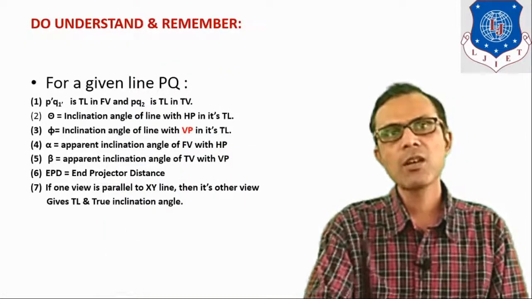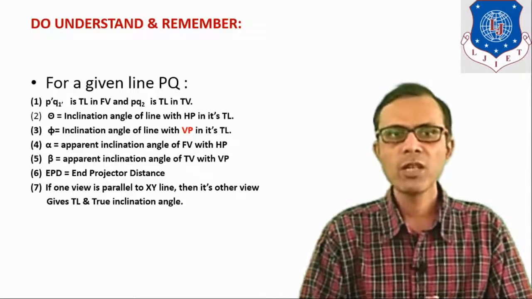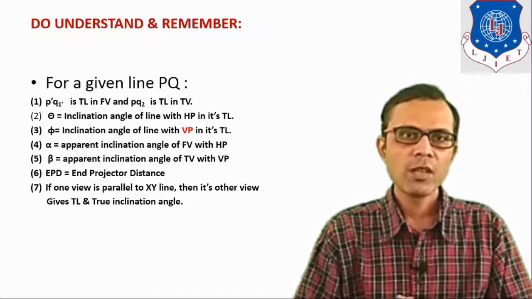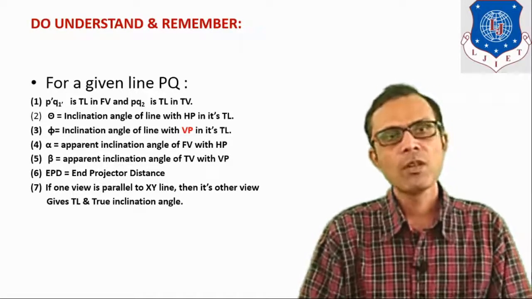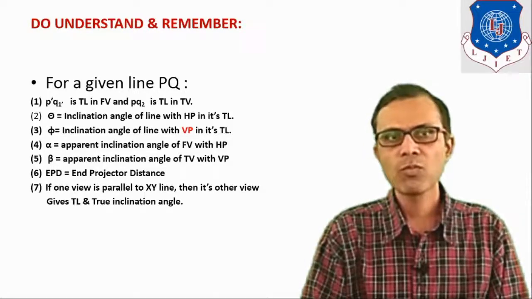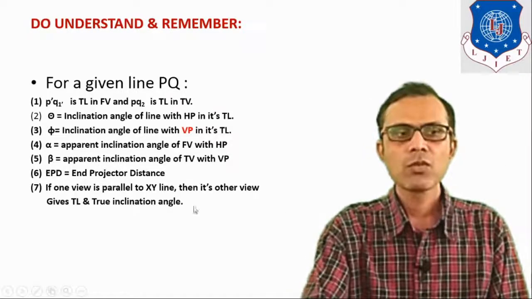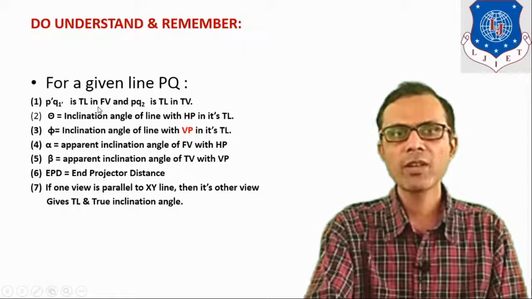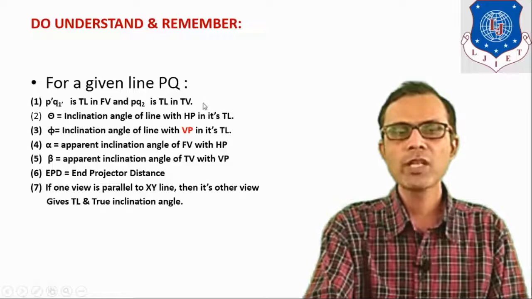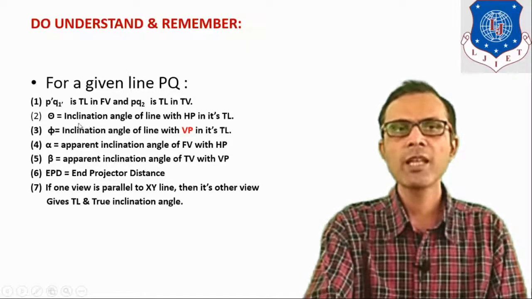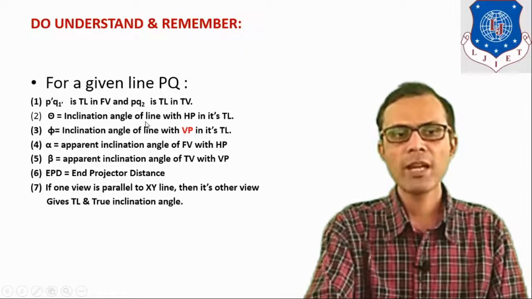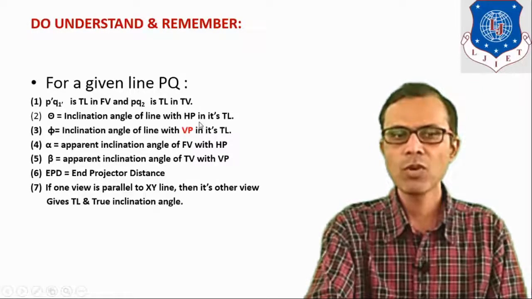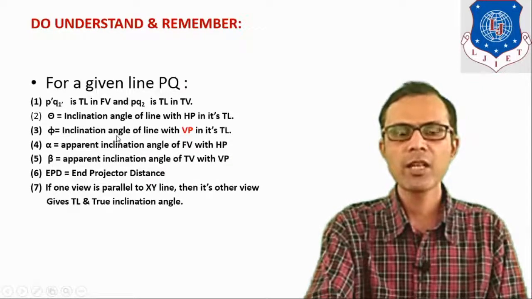So there are some conclusion points you have to understand and remember to solve any problem of line when it is inclined to both HP and VP. So first of all, P dash Q1 dash is true length in front view, and PQ2 is true length in top view. Theta is the inclination angle of line with HP in its true length, and phi is inclination angle of line with VP in its true length.